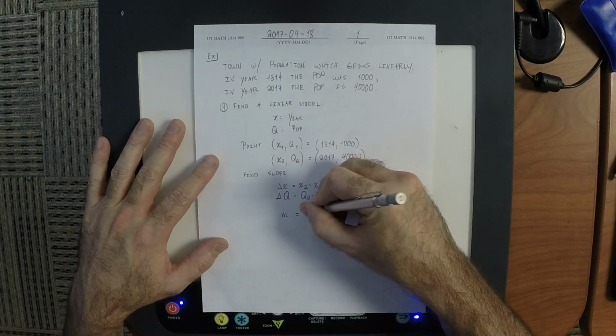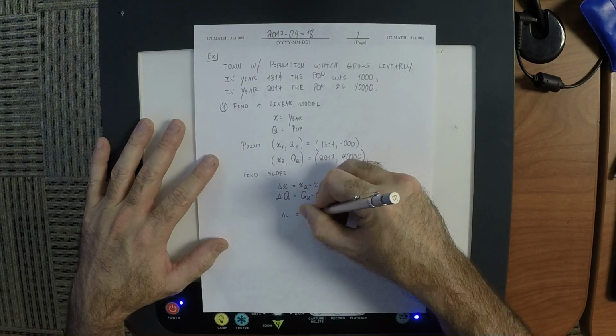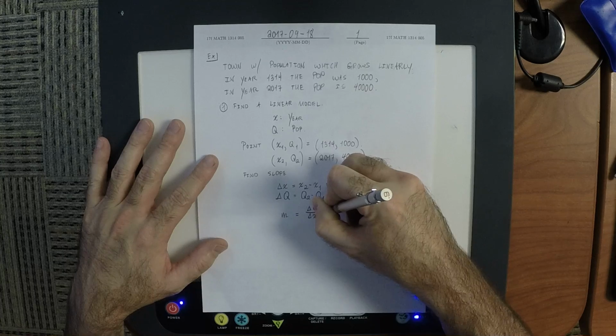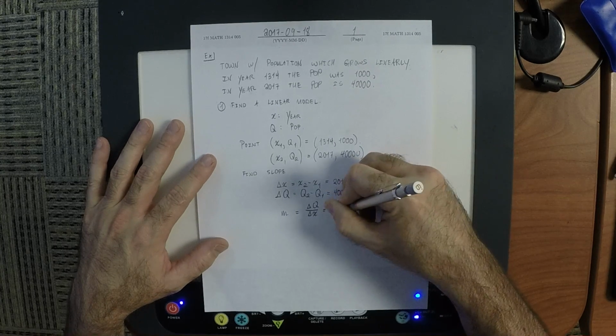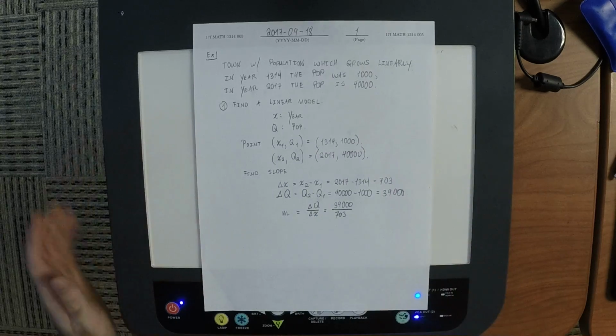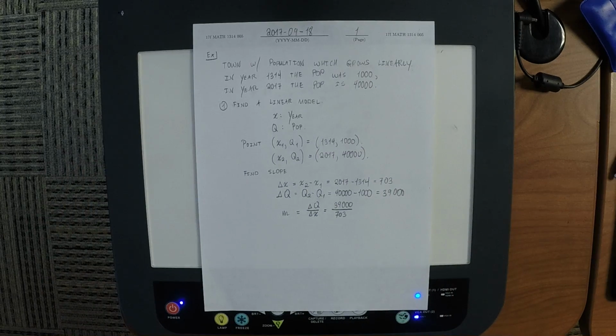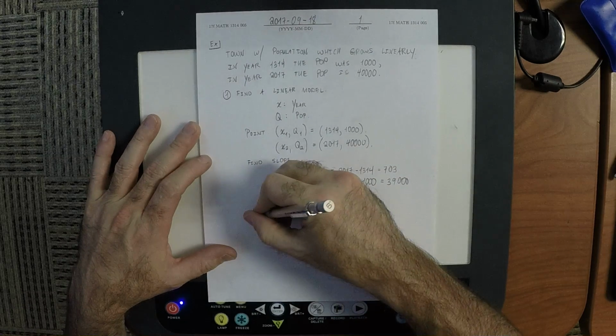It would be delta Q divided by delta X, which is 39,000 divided by 703. Okay. Any question about finding the slope? So now we can use the point slope form of the line.